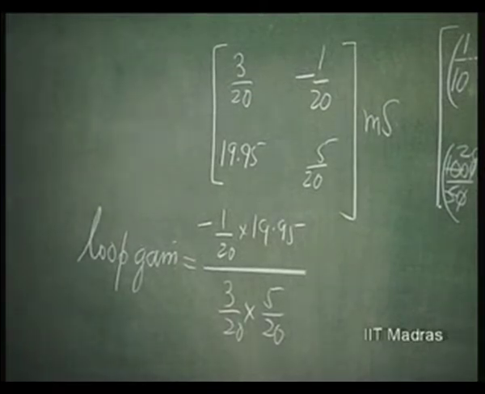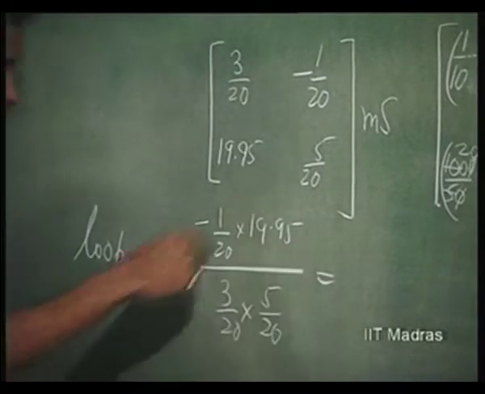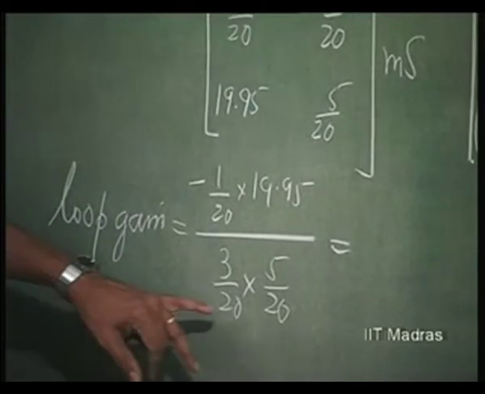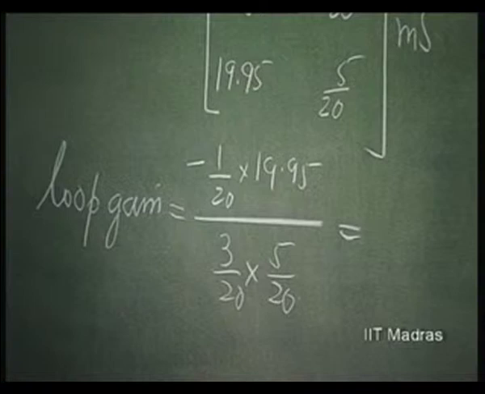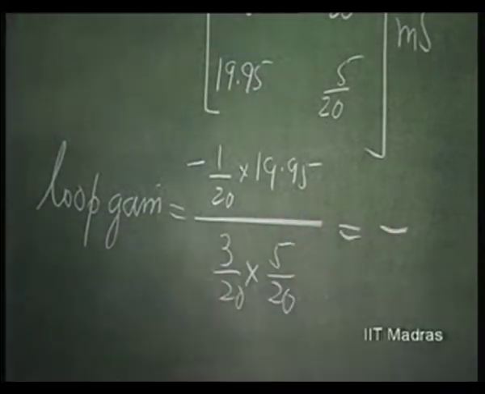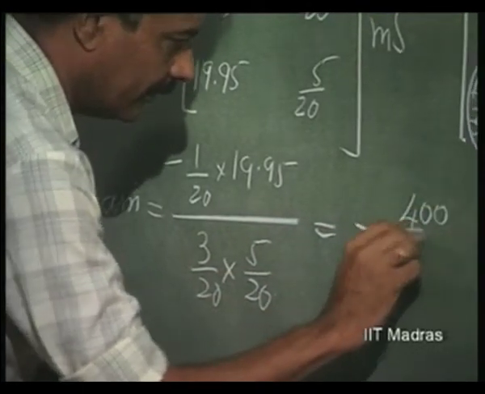So this is the loop gain. How much is this? This is very nearly 1, 15, 400 by 15 roughly, minus approximately 400 by 15.